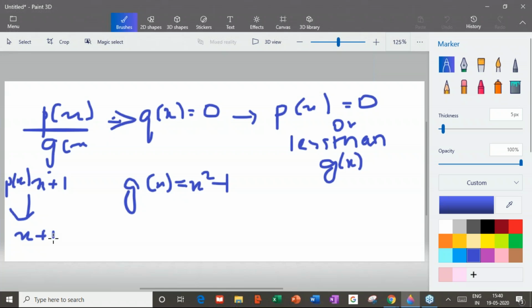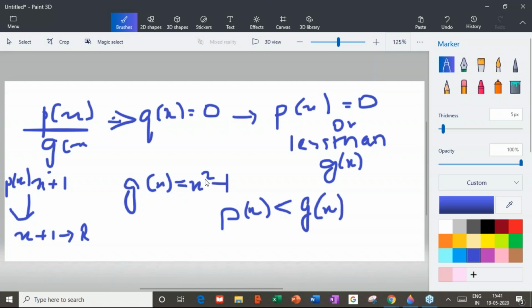So you will get x plus 1 itself as the remainder and the quotient will be 0. So the relation you get between p of x and g of x is that the degree of p of x is less than the degree of g of x. That's it. Simple logic.